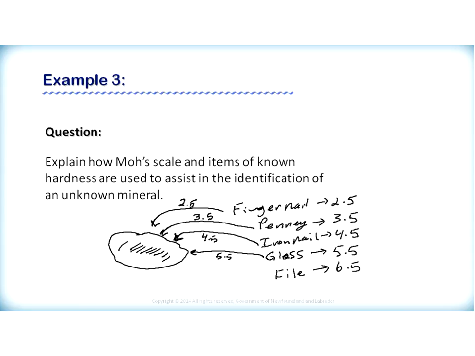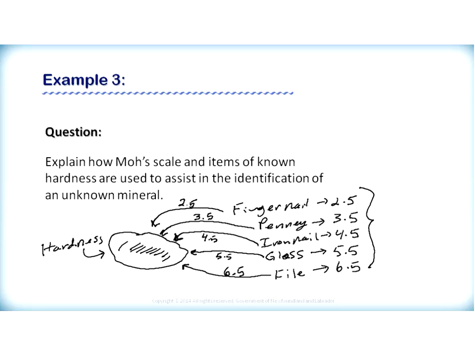And we can do the same process with steel file. The steel file, scrape the mineral, then we know it's less than 6.5. So by using all of these objects of known hardness, we can find the hardness of our unknown mineral sample.